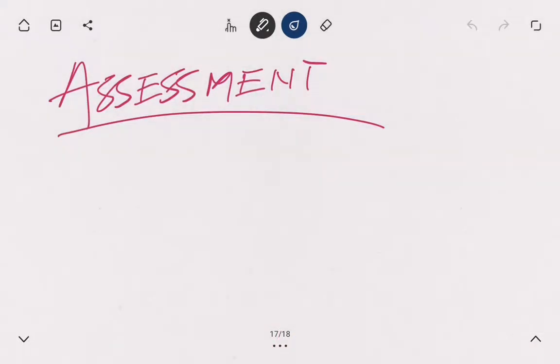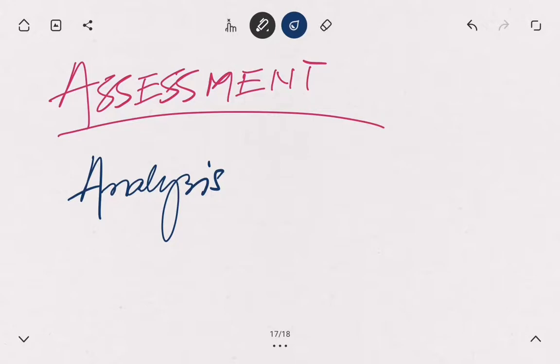And the last thing is assessment. Now this is the thing where we take a decision. Okay, so this is actually analysis plus evaluation.